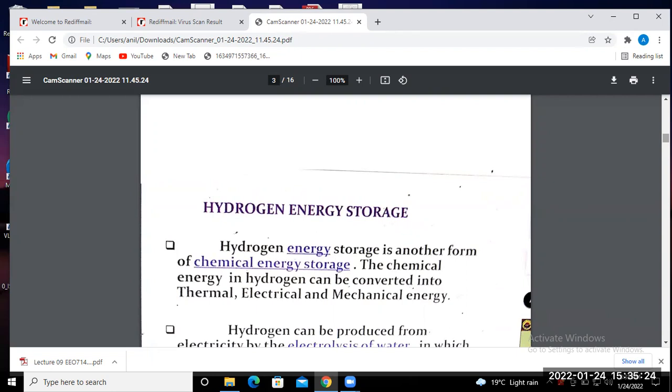We already discussed some part of the chemical energy storage, such as the sodium sulfur battery, the nickel and chlorine battery, and some other types of batteries in the previous class.